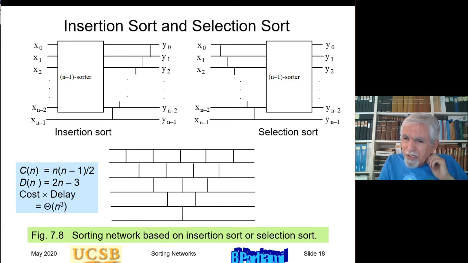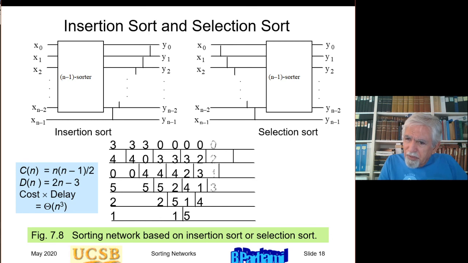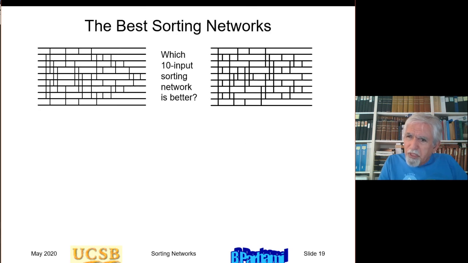And this is not efficient because the cost is proportional to the square of n, and the delay is proportional to n. And cost times delay, which is often taken to be a figure of merit, is order n cube. It's a poor design in these respects. So this is just a numerical example. I won't go through it, and it shows that the numbers will be sorted.